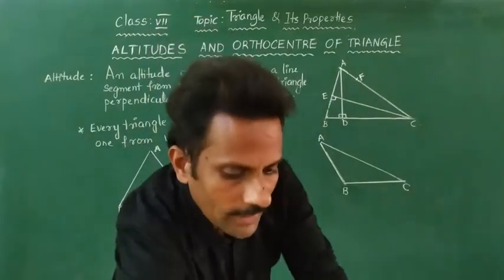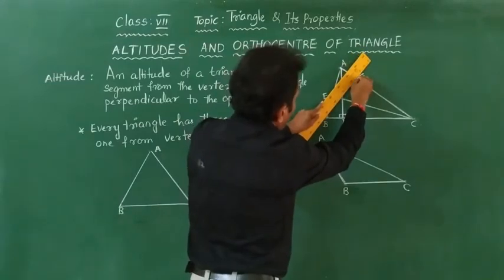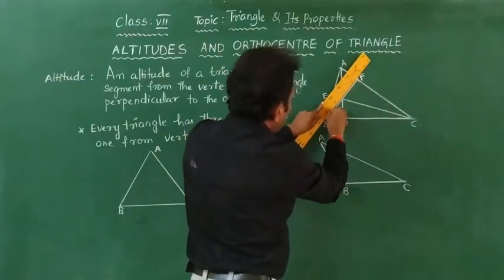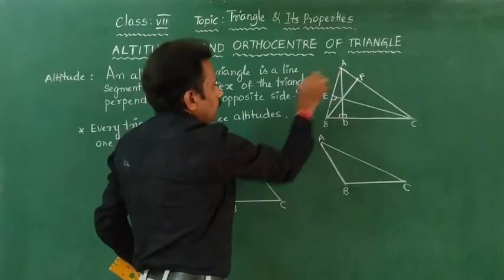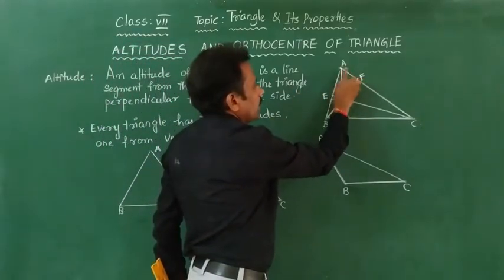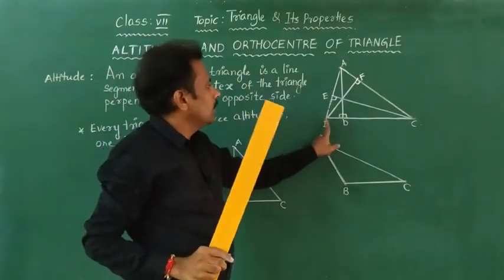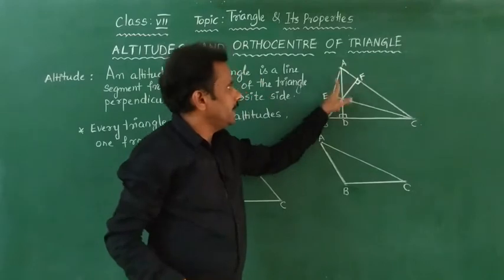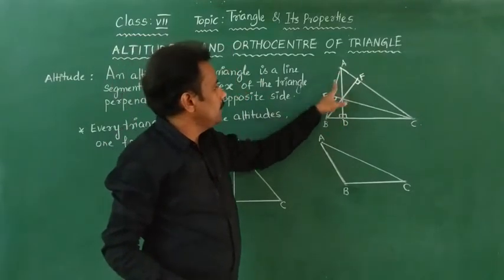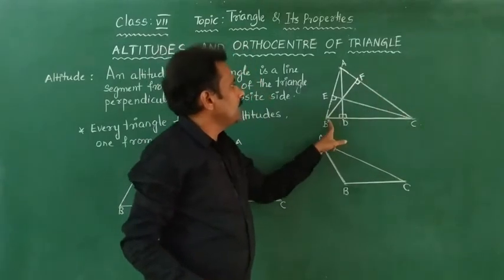Now if you draw a line segment, joins B and F, whatever the BF we get, that is the altitude of AC. In this way we have got three altitudes. Altitude of BC is AD, altitude of AB is CE, altitude of AC is BF.